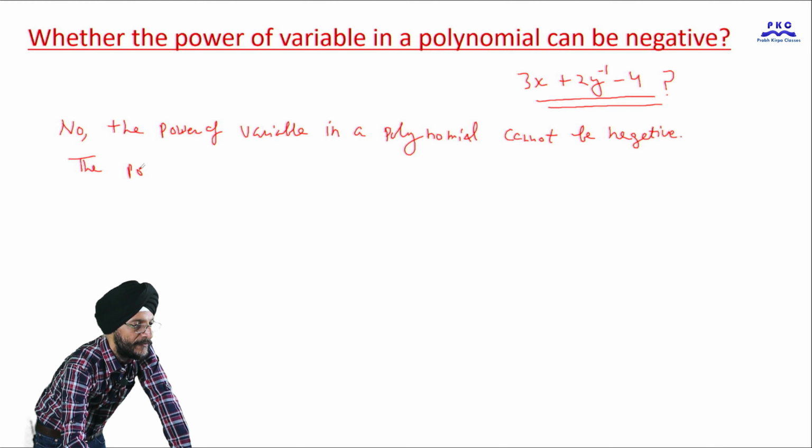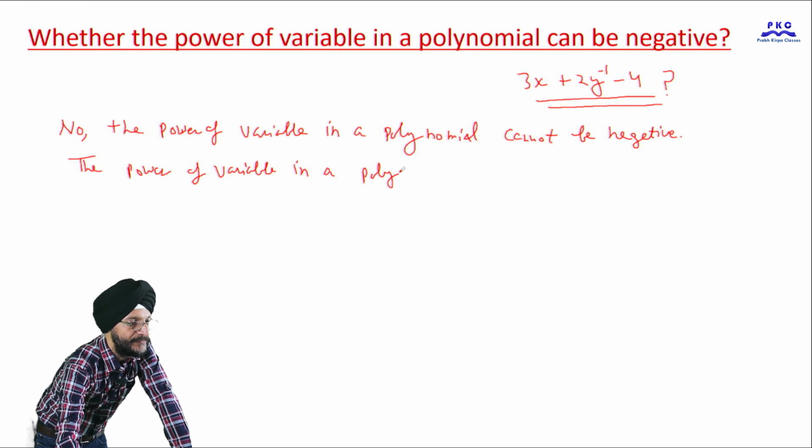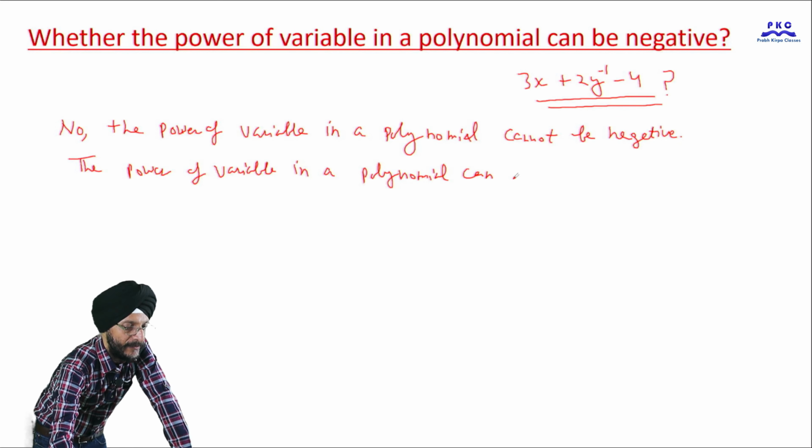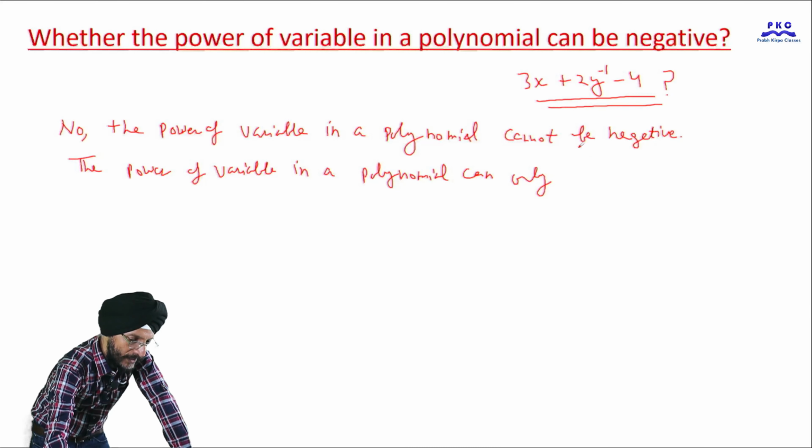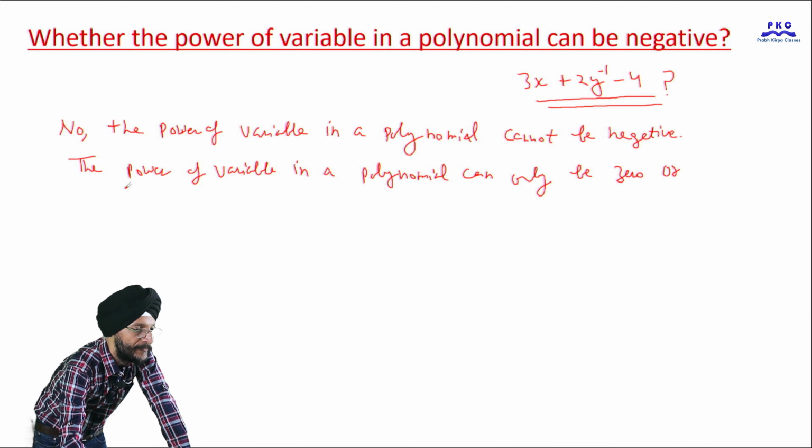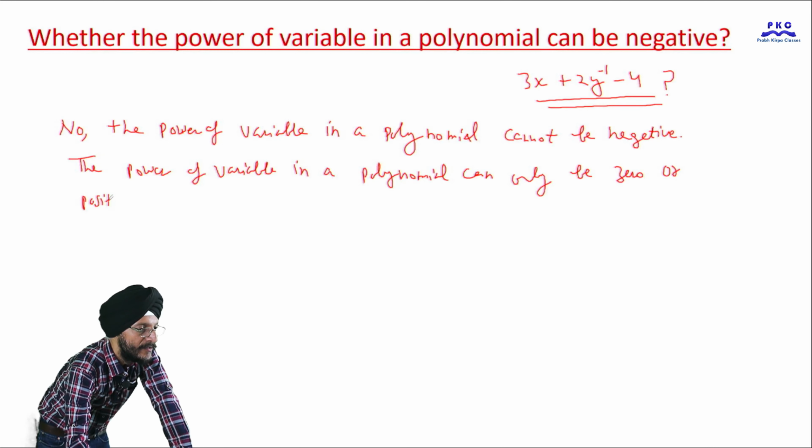The power of a variable in a polynomial can only be 0 or positive whole numbers.